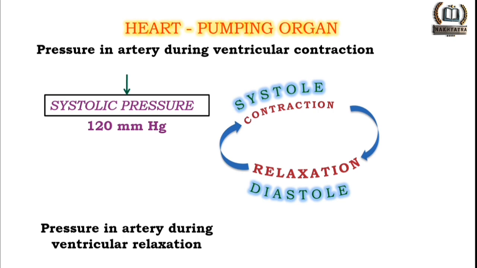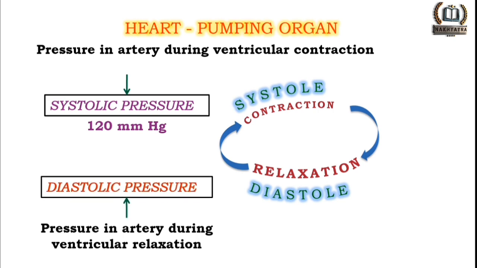The pressure in the artery during ventricular relaxation is called diastolic pressure, and it is measured as 80 mmHg. So you may get a question in the exam on what is systolic and diastolic pressure, and how it is measured.